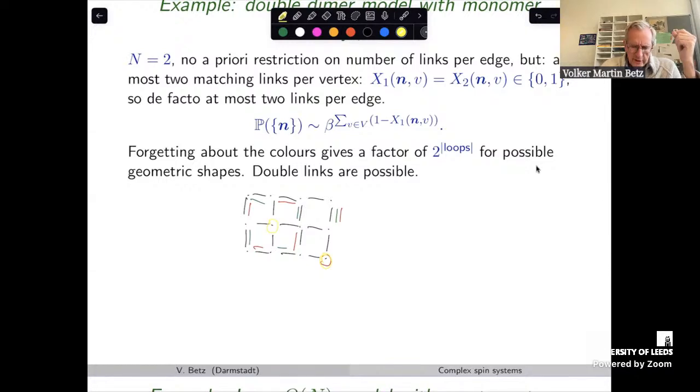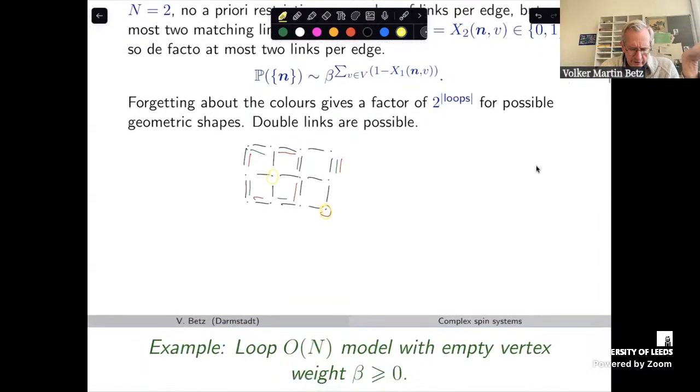Then these configurations are again not allowed, and I'm again stuck with it being more difficult to form these things. So this is the double dimer model, and you see why it's called double dimer model, because if you look at the green and the reds separately, then they form a dimer model. And you just put them on top of each other, and it's a double dimer model. So that's a kind of famous model.